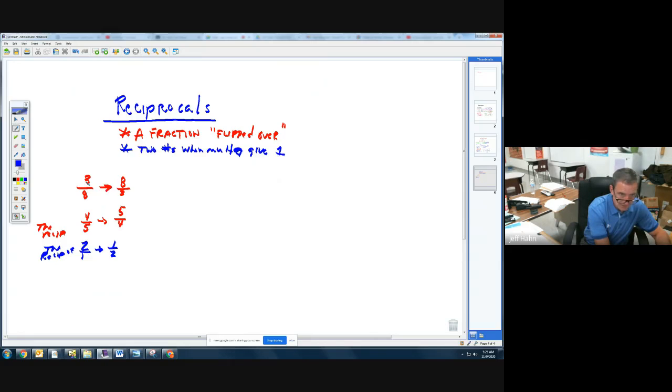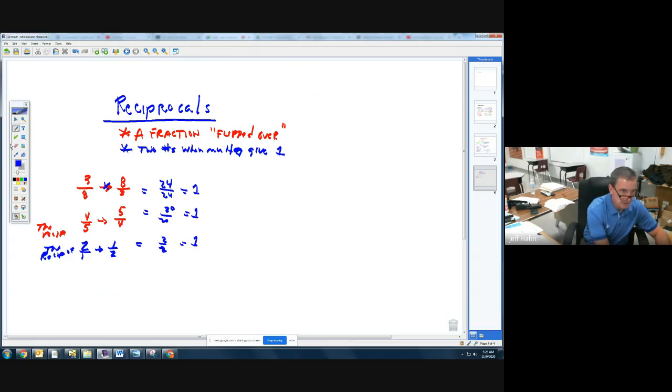Which means this. For example, if you multiply 3/8 times 8/3, you would end up with 24/24, which equals 1. If you multiplied 4/5 times 5/4, you would get 20/20, which equals 1. If you multiply 2 over 1 times 1/2, you would get 2/2, which equals 1.